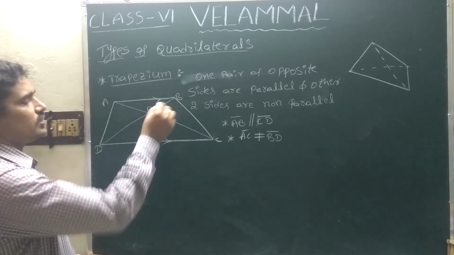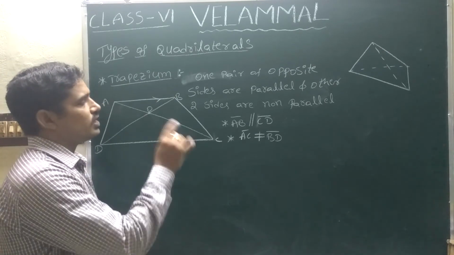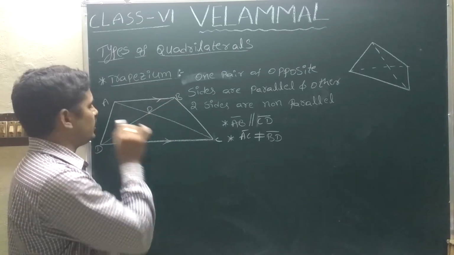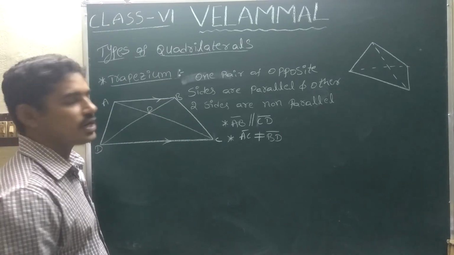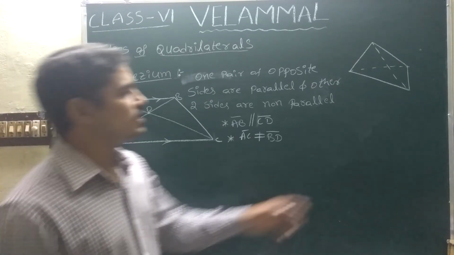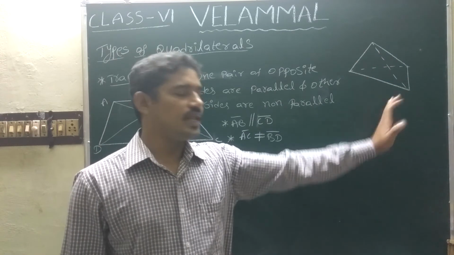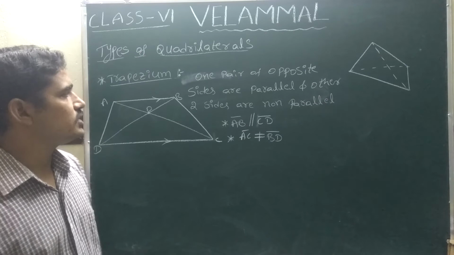Here also these are not equal. So this is the only one condition we need to follow: one pair of opposite sides are parallel and the other two sides are non-parallel, then that quadrilateral is called a trapezium. This is the general quadrilateral we know, so it will not satisfy any property in this. Okay, copy this.